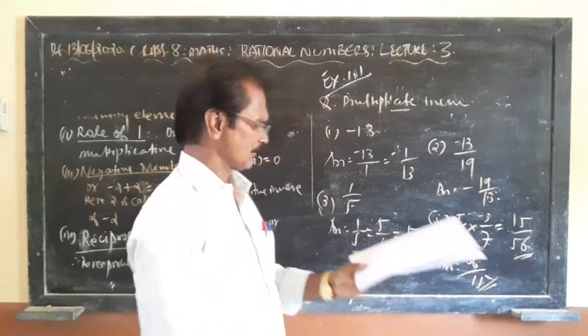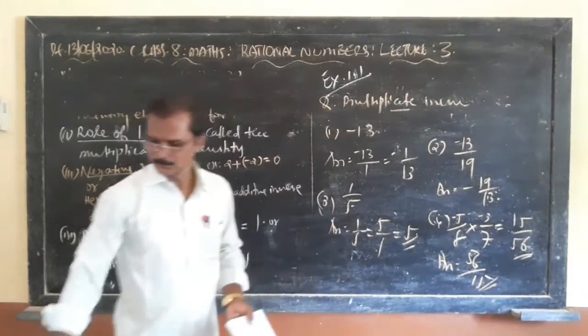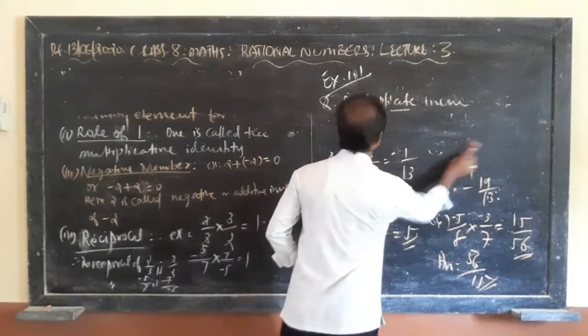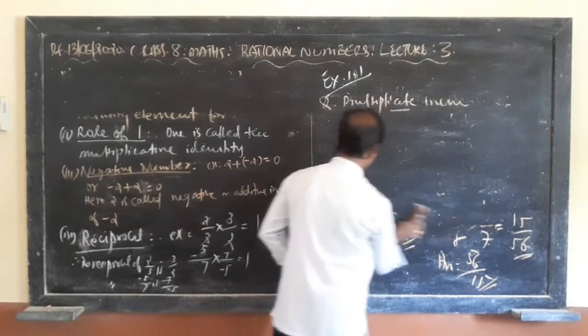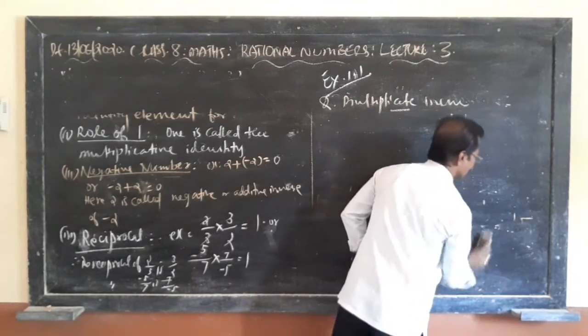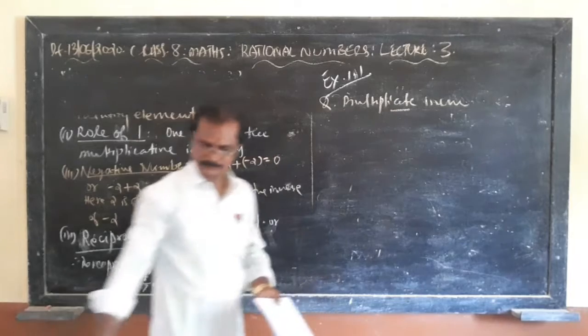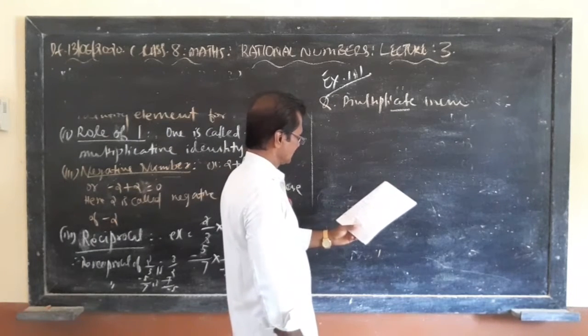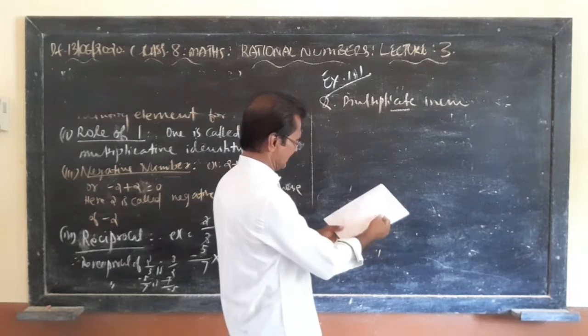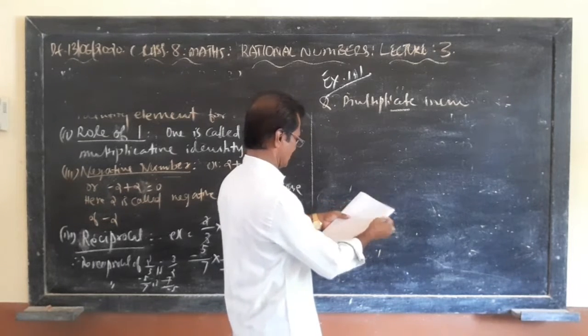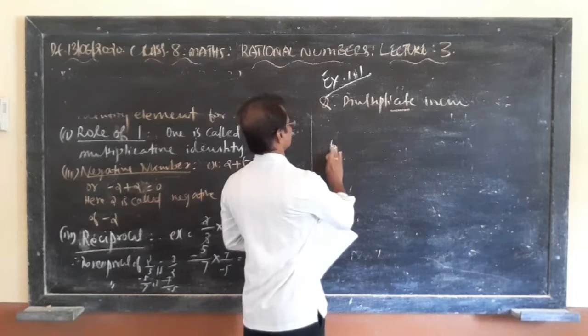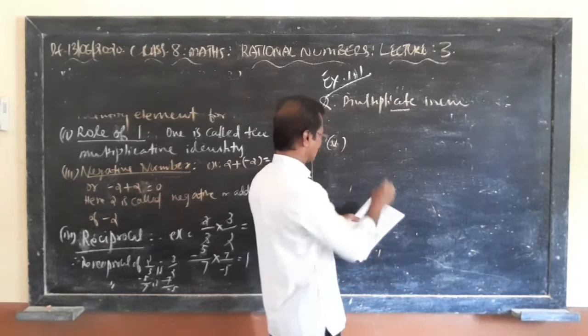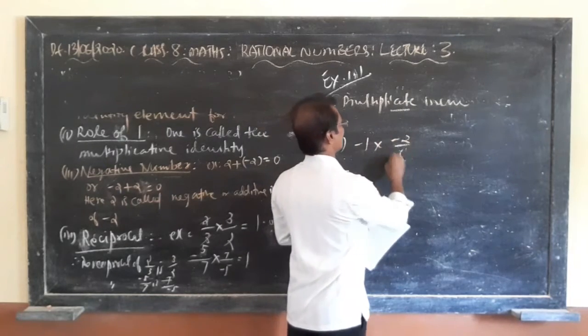Then the fifth one. Please read the fifth question. Anybody? Very good. Fifth question is minus 1 into minus 2 upon 5.